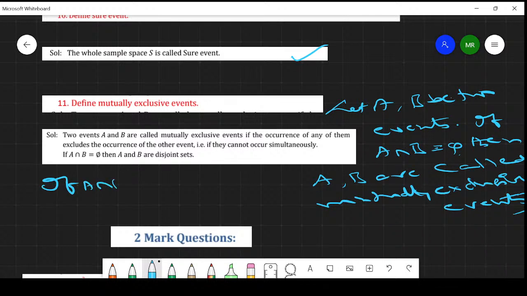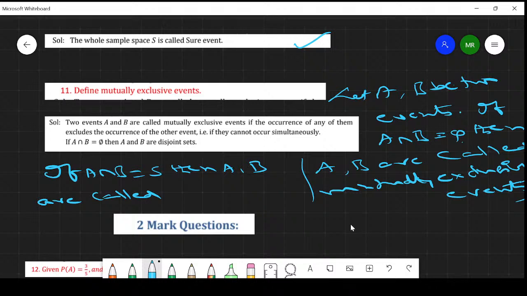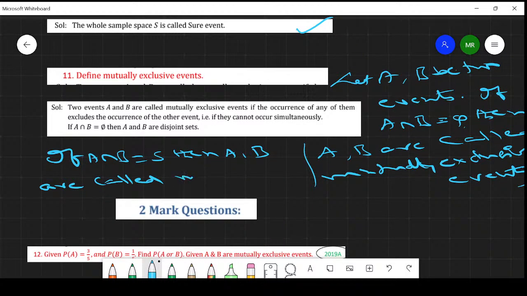If A union B is equal to the sample space S, then A and B are called mutually exhaustive events.